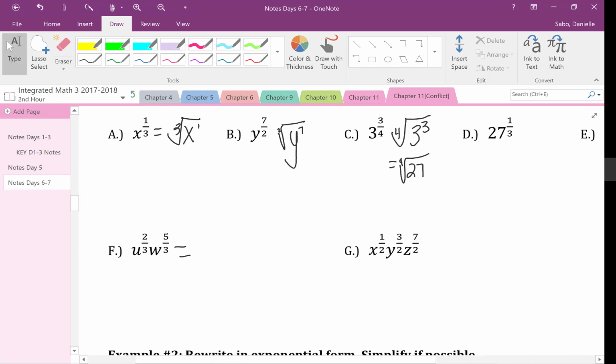Okay, so here's something to make sure that you note. You need to be looking at your denominators to make sure they're the same to do this. If they're the same, they all go under the cube root. So then I would have, using a different highlighter here, u squared underneath, and w to the 5th underneath.